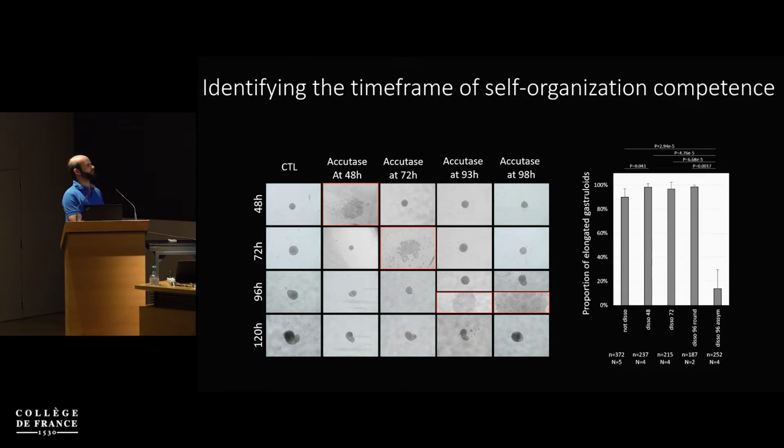All this is quantified here. When you take around 96 hours, the ones which are still round are able to self-organize completely. But the ones that have changed morphology already, it's too late. You can't disrupt the positional information and reaggregate them to have a nice elongation.